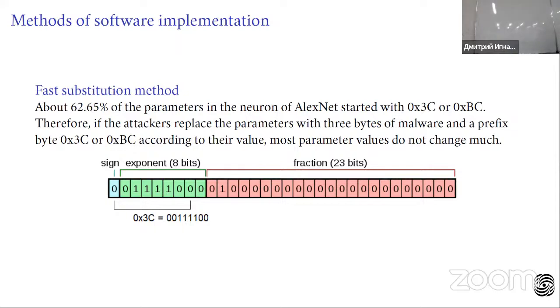The difference between this method and the previous one is that the previous one takes some time to decompose, split, and merge the first byte with the arbitrary values. In this method we look only at the sign of the value and just choose the first byte. So this method is faster, but the impact on the accuracy is greater.